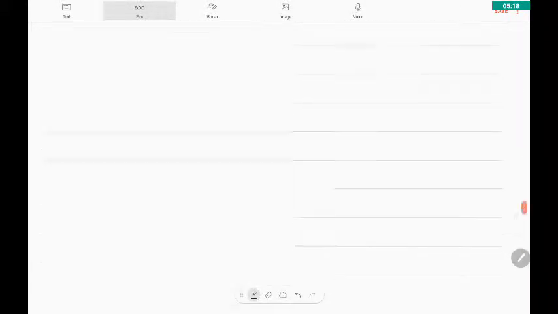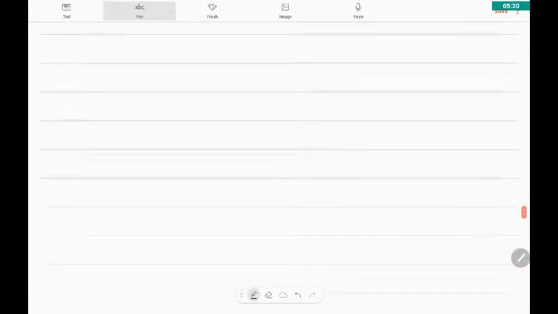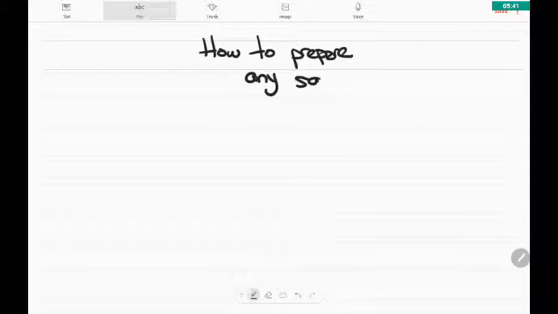Now let's move on. Having now already understood the solubility table, we can now talk about the methods to prepare salt. So how do we prepare salt? How to prepare any salt.